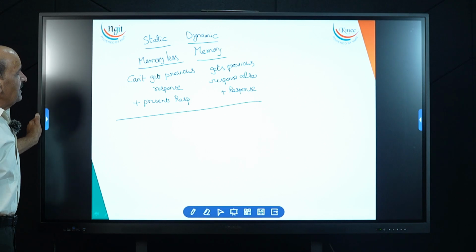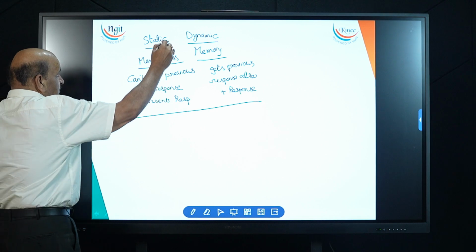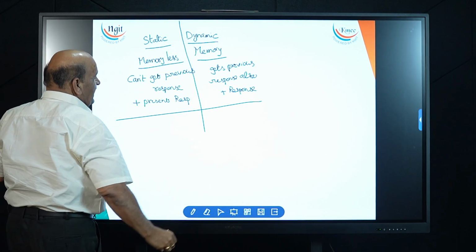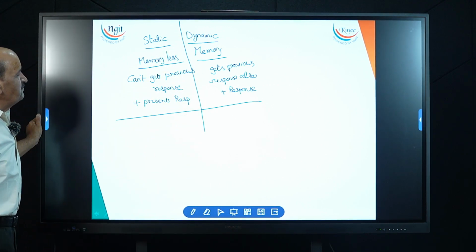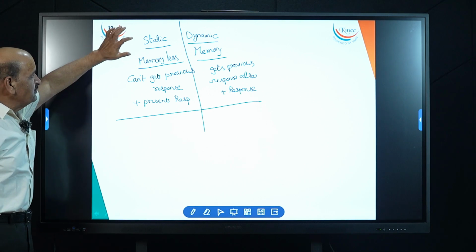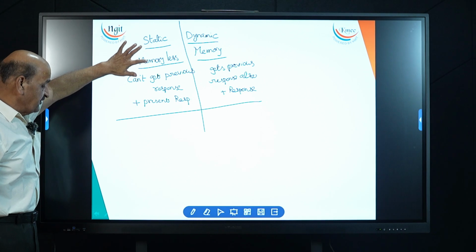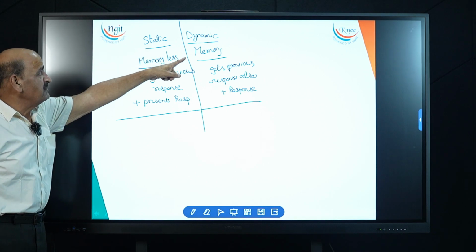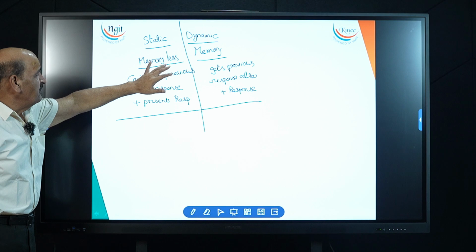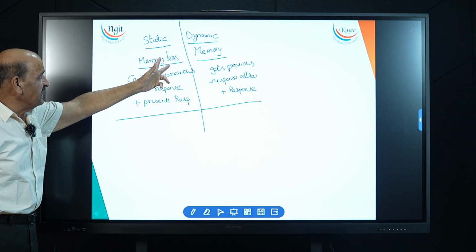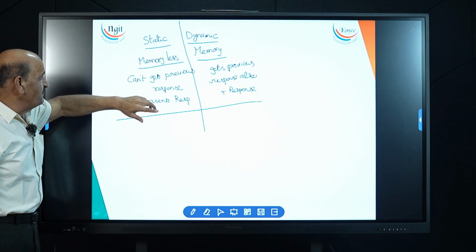This is the differentiation between static and dynamic. The first thing you have to know is that a static system is memoryless and a dynamic system has memory. What is the difference between static and dynamic? The memory and memoryless.